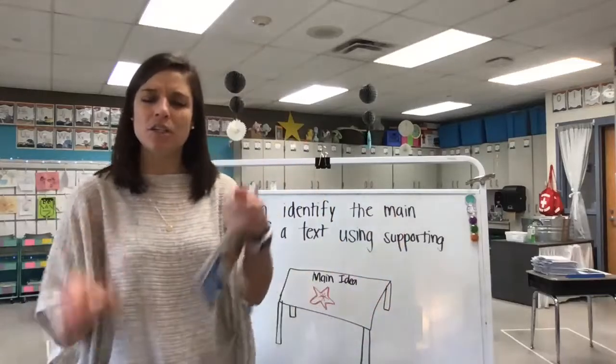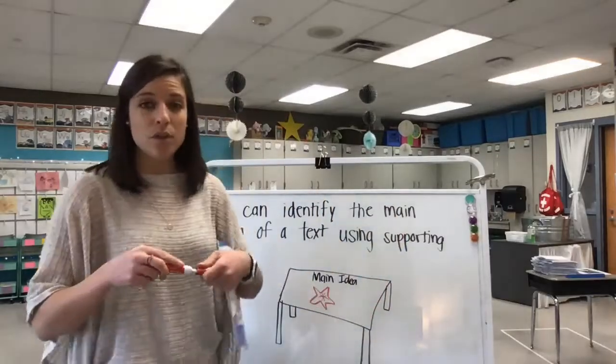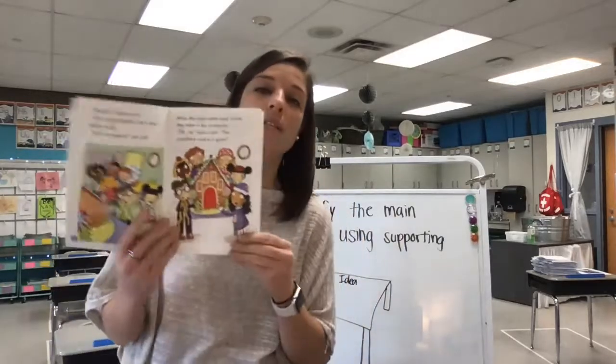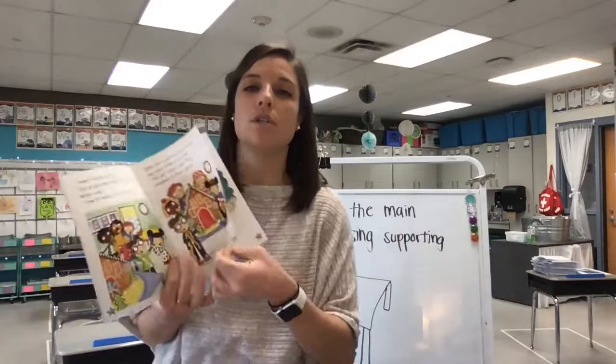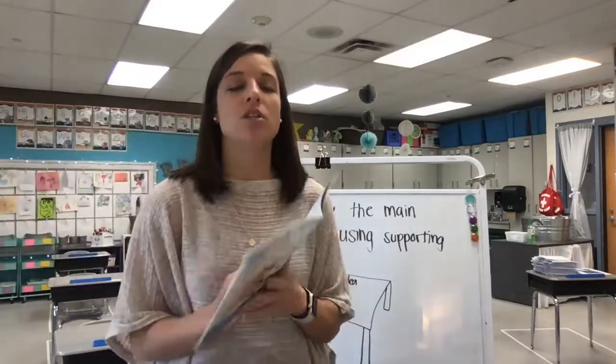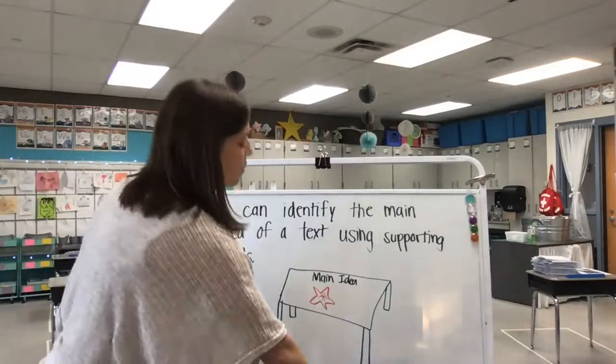And what details support that? Well, as we read the story, you'll find out, or you have read, that the kids all try to point to somebody else to say that they took the cookie to do something with it, right?